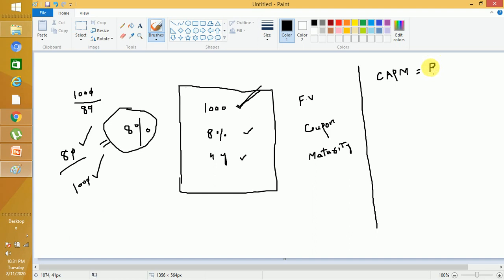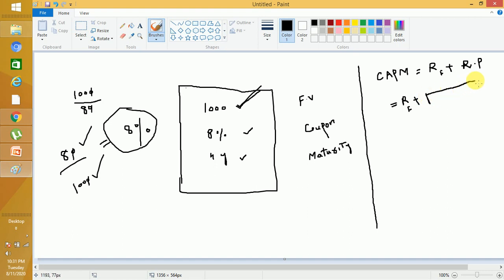You remember we discussed this: RF plus the risk premium, RP. This is equal to RF plus the risk premium.